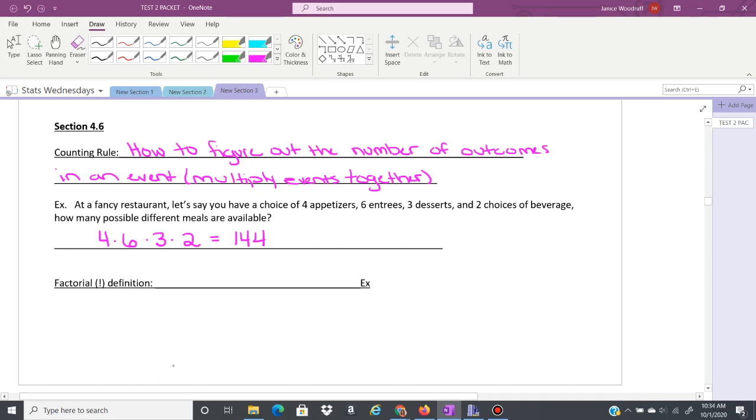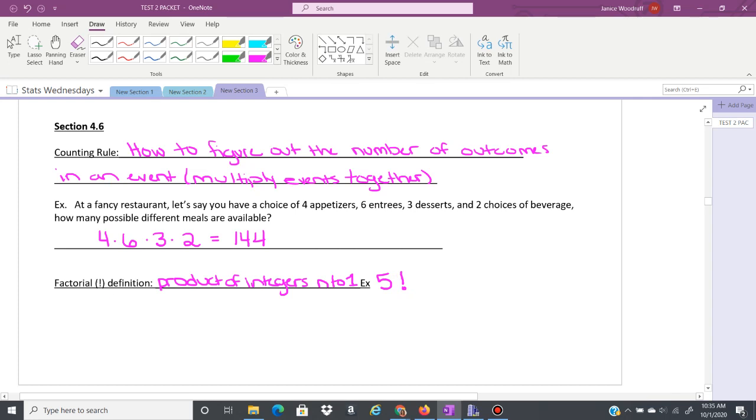Factorial is a little different. With factorial, you are doing the product of integers from n to 1. So for example, 5 factorial, and this exclamation point means factorial.